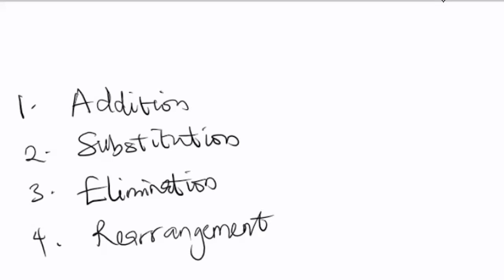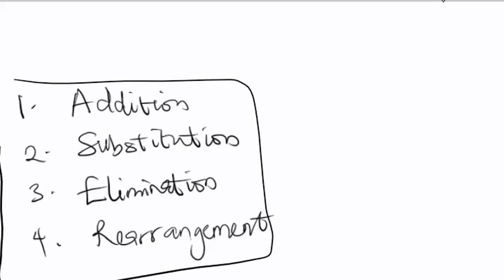So I'd like you to just simply know these reactions for what they are, and it's easier or simpler to know them that way. Let's simply start with the addition reaction.